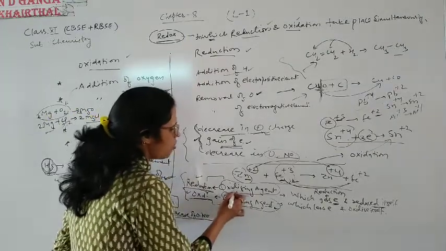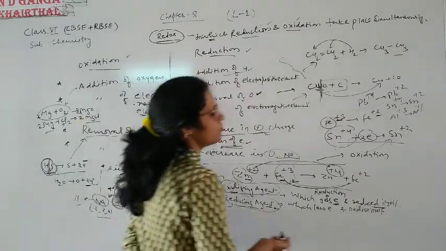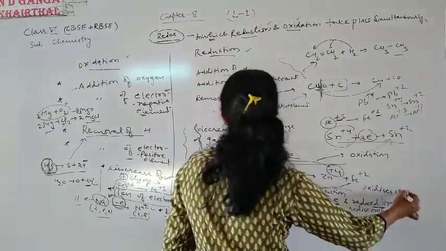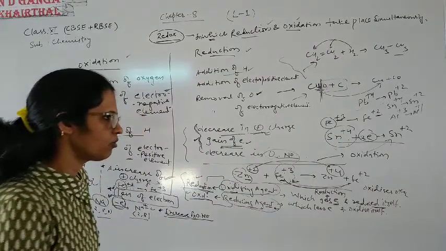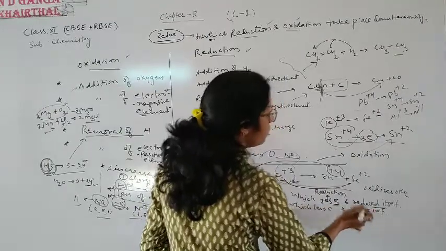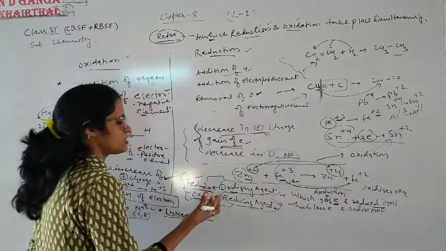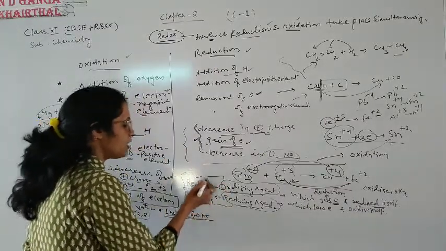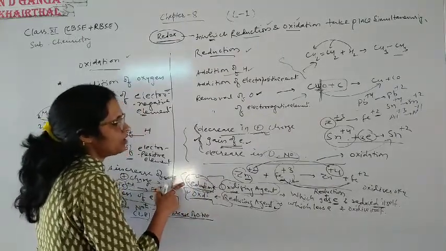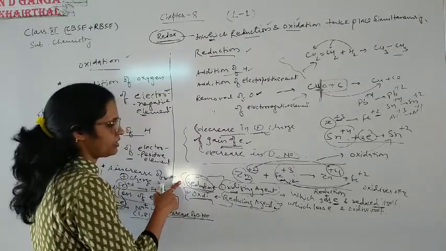What is an oxidizing agent? An oxidizing agent is a substance which oxidizes others. The substance which gets electrons and reduces itself is known as an oxidant, or oxidizing agent. An oxidizing agent is a substance which undergoes reduction, and in reduction, gain of electron takes place.